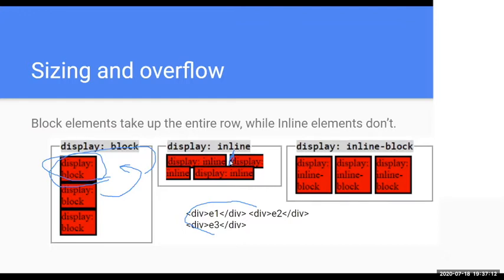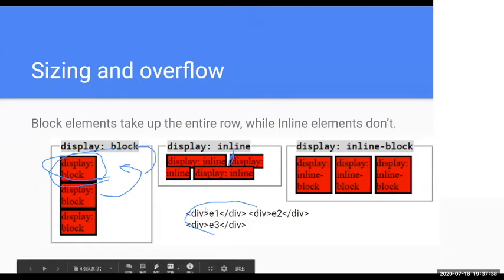The second element, if it's an inline element, won't take up an entire row. It will start right next to where the previous element finished. Same applies for the third element here. Since this is also an inline element, it will start right after where the previous element finished.